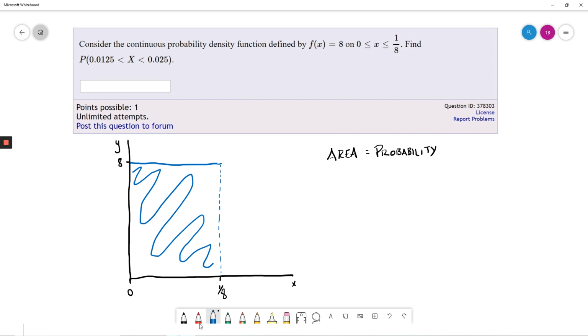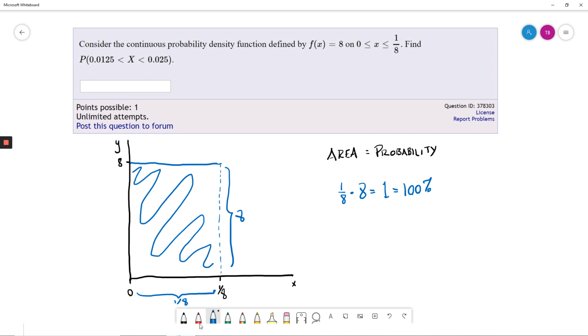So let's double check. This is a rectangle. And so we just need to do our width, which we can see pretty easily is 1/8, times our height of 8. So width times height, that's 1/8 times 8, which is 1, which is 100%. Okay, and that's what they told us.